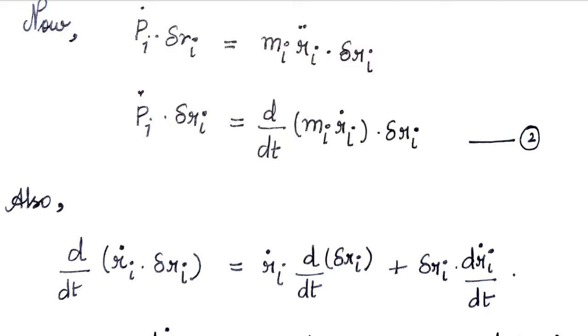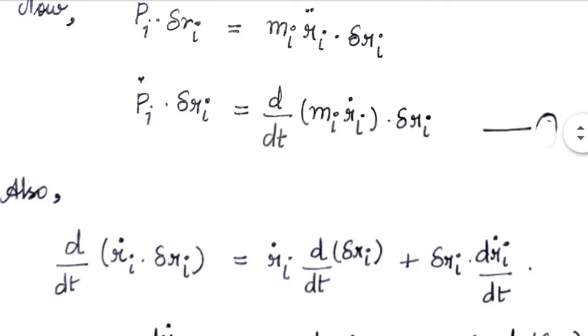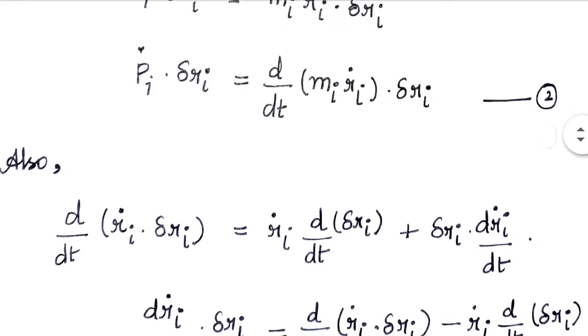So we may make use of the differential formula d of uv equal to u dv plus v du. By this formula, Ri dot is our u, dv is d by dt of delta Ri, v is delta Ri and du is d Ri dot by dt. The second term is our interest.